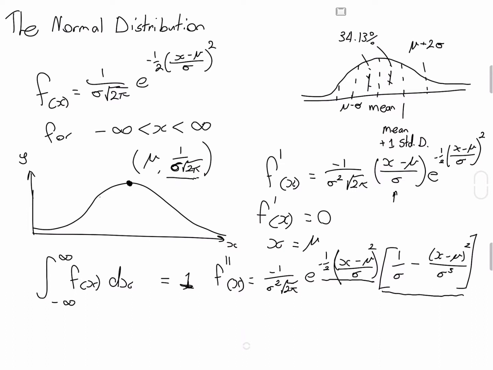If you look on page 233 of the textbook, it sets it out a little bit easier. So, in this case, when the second derivative is equal to 0, we know that this is a point of inflection. So, we're going to have points of inflection when x is equal to our mean plus or minus our standard deviation, which we know already. Well, might not know, but we might have recognized it.